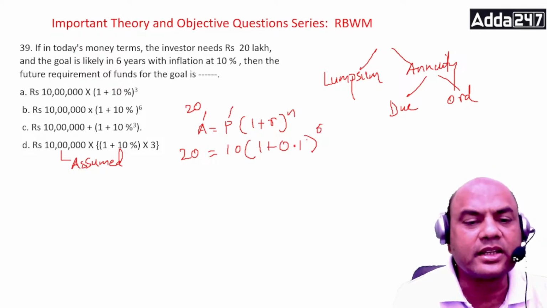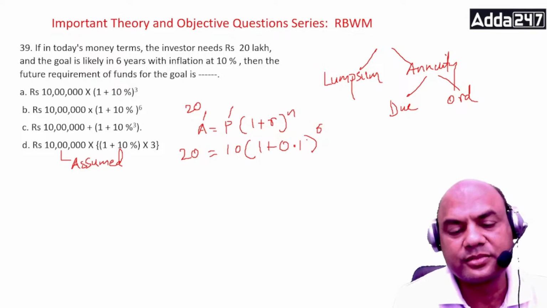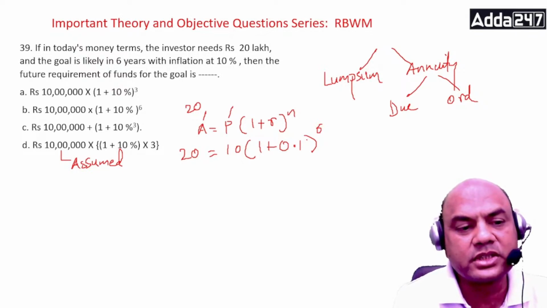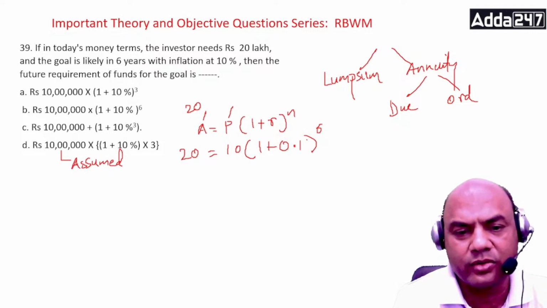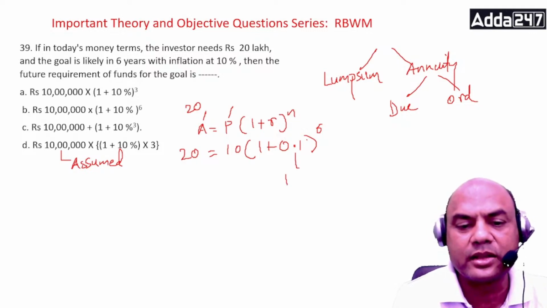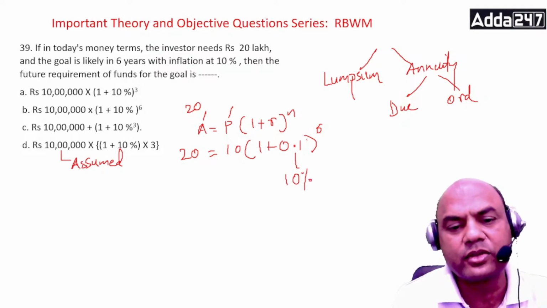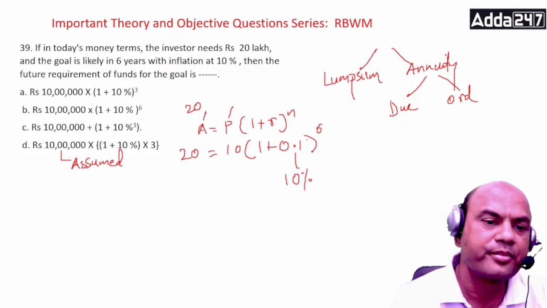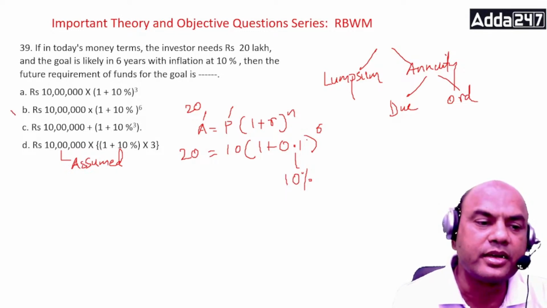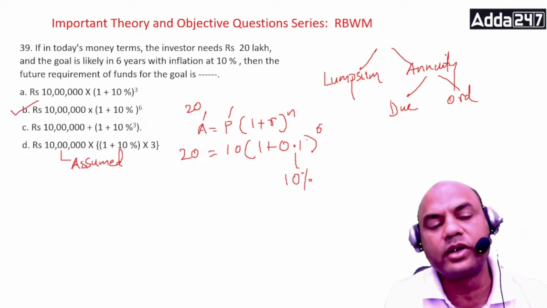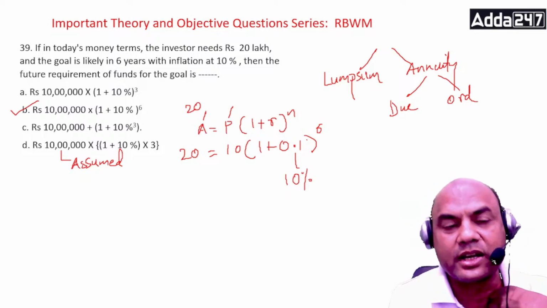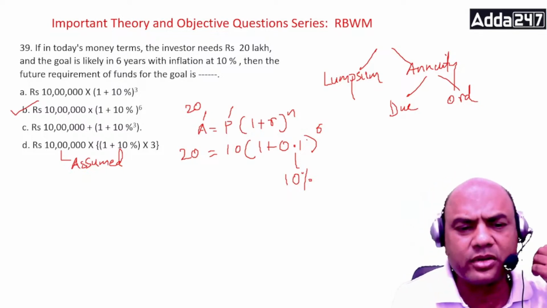So 10 into 1 plus R, where R is 10%. You can take it as 0.1 also, or write it as 10%. During calculations you write 0.1 because we have to divide by 100. So the answer will be B, isn't it? 10 lakhs into (1 plus 10%) raised to 6. Again, I am saying the answer might be wrong.